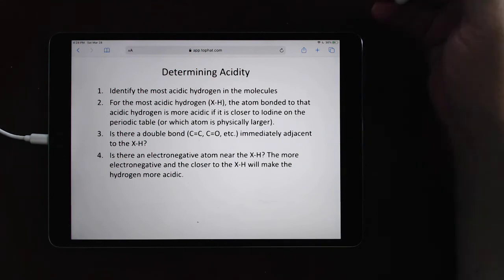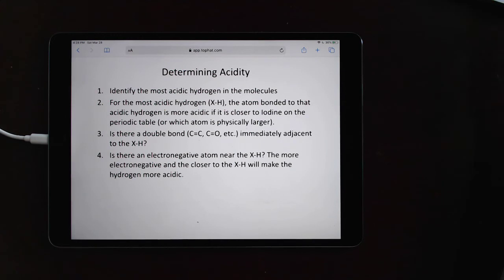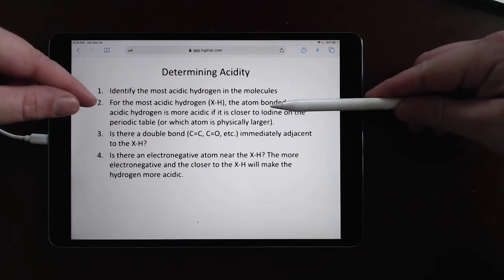So the closer it is to iodine on the periodic table, the more acidic it's going to be. If that's a tie, so let's say they're both OHs, then we move down to the next one. But if you're comparing OH versus SH, SH is larger than OH, so the SH is going to be more acidic.